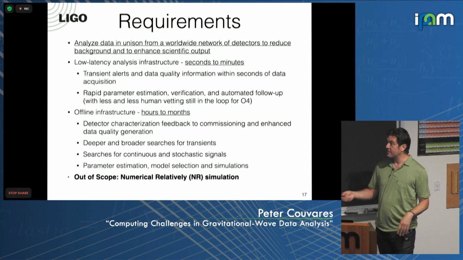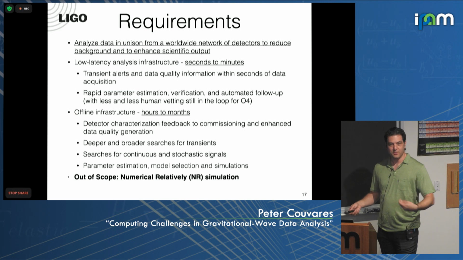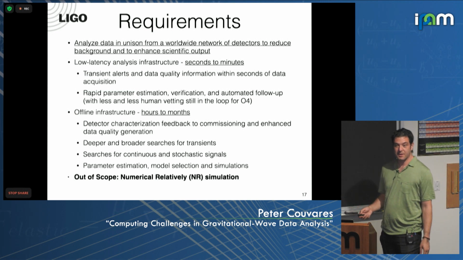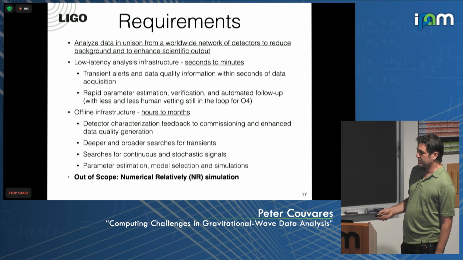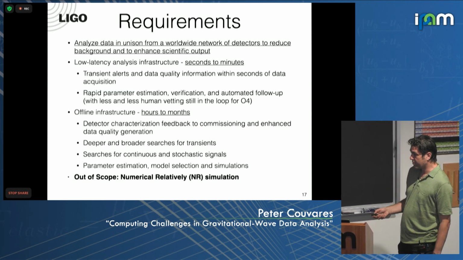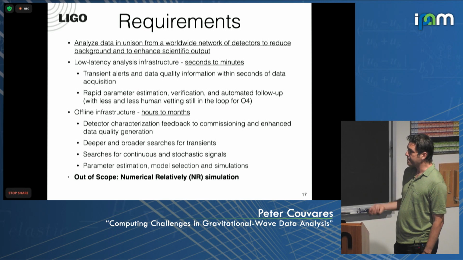Once that had been done, actually coming up with signals quick and guiding telescopes became much more important. The offline infrastructure uses detector characterization feedback to do a much better job with data quality than the low latency analysis can. Deeper and broader searches for transients, and then there's the continuous and stochastic searches in there, and then better and better parameter estimation, et cetera.